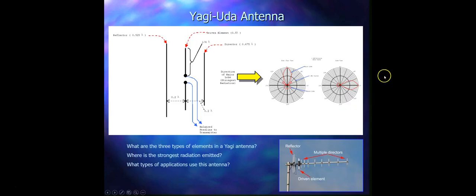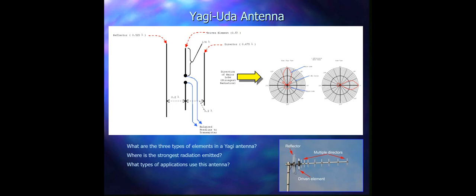Now next we have the Yagi-Uda antenna, and this type of antenna consists of a driven element, usually a dipole antenna, and some extra antenna elements which are called parasitic elements. Those parasitic elements basically help to focus the antenna's radio frequency energy in the forward direction.